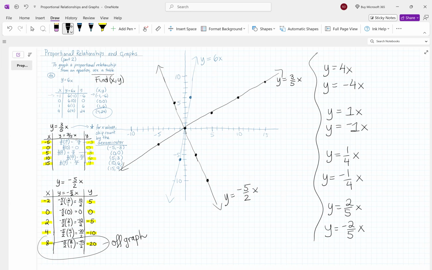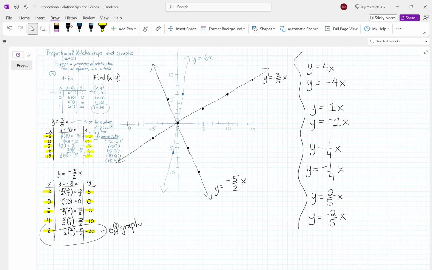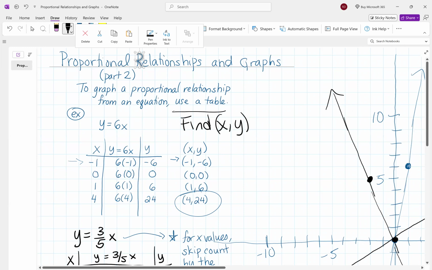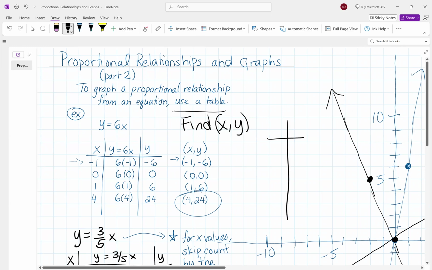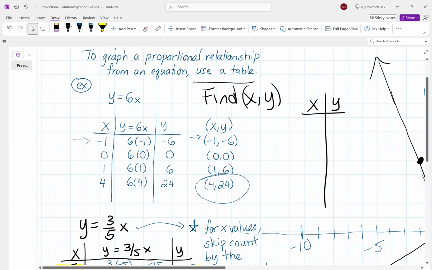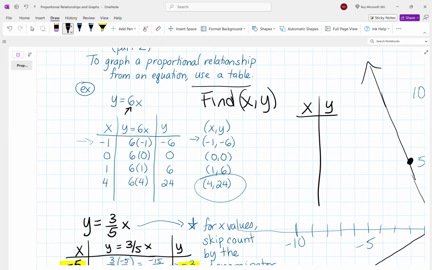And so anytime you are graphing a relationship, you start by making a table. You can make your table just a regular x and y like this and do your work on the side, or you can make the 3-part table if you found it to be helpful. Then you pick your x values. If your k here, this number, is a whole number or an integer, I would just use -1, 0, 1, and then something.